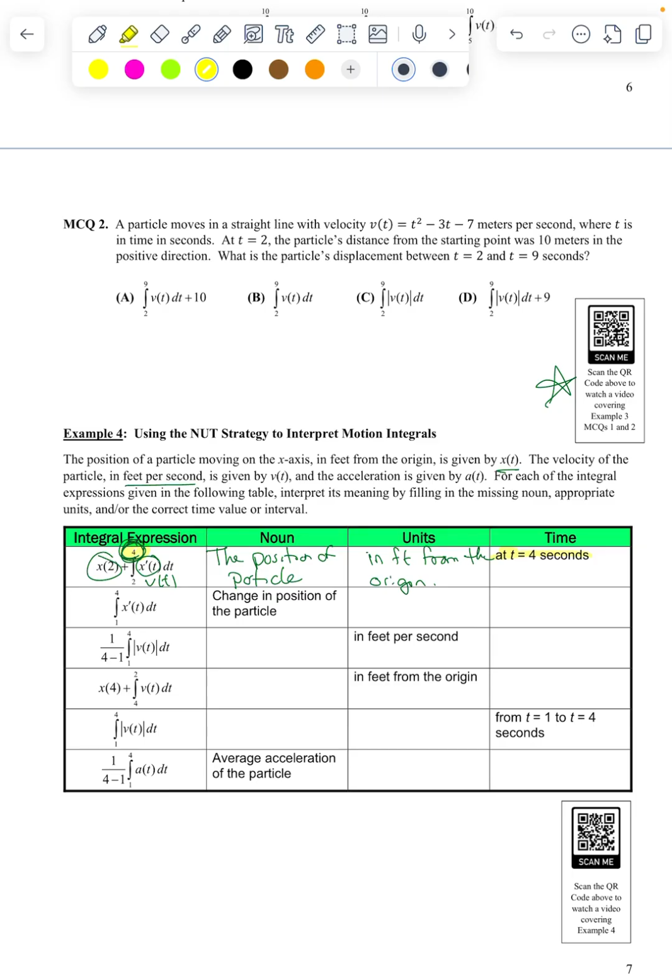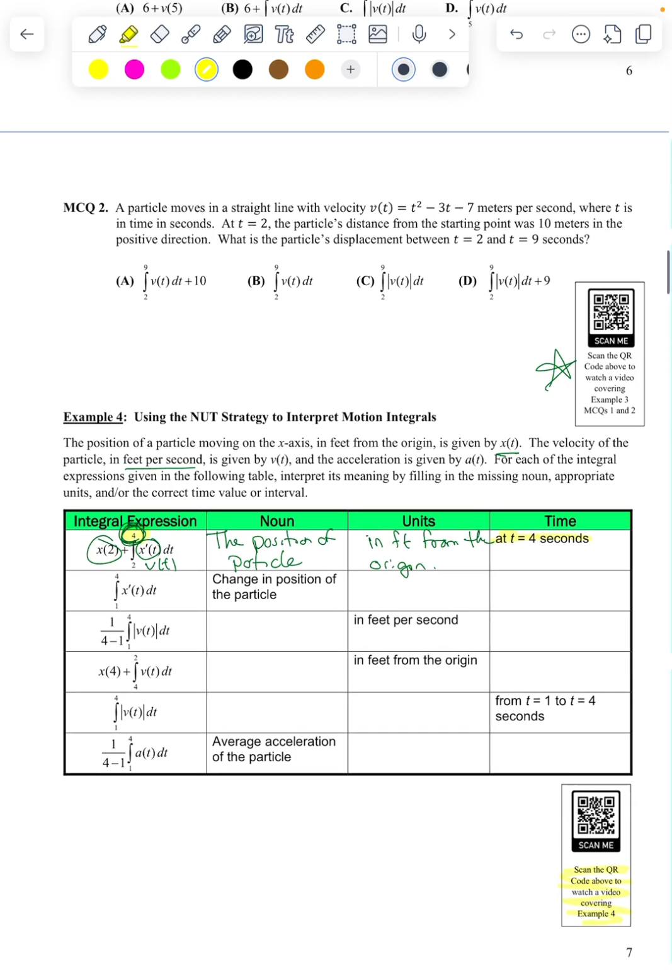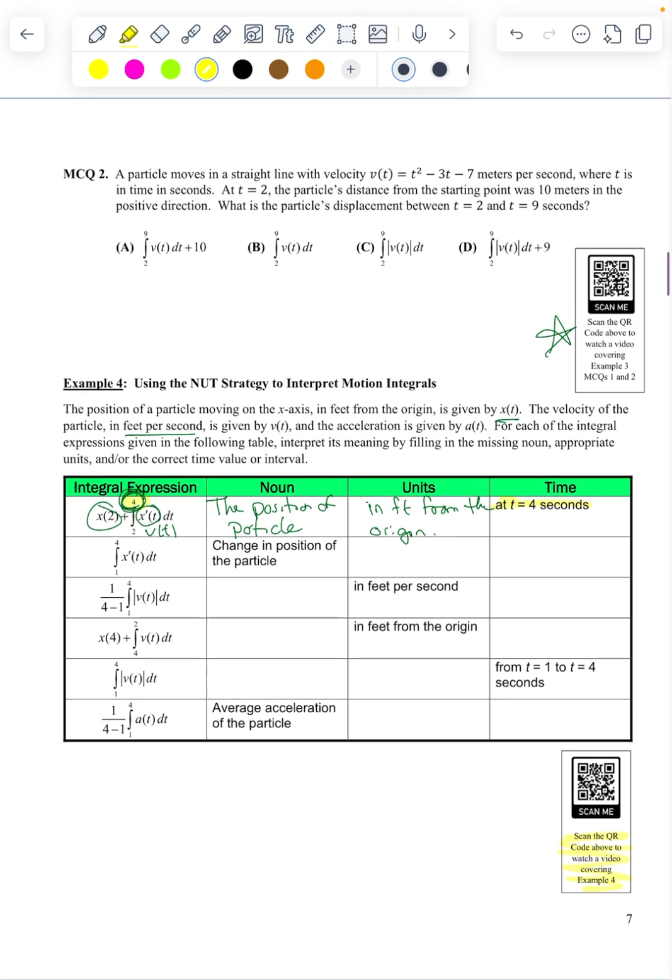All right, so now that we've done all of these types of problems, use the QR code to help you with this example if you need it, but try to figure it out. So we've talked about average value, right? But what if you're taking the average of the integral of speed?